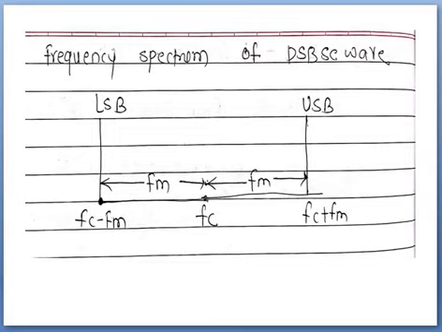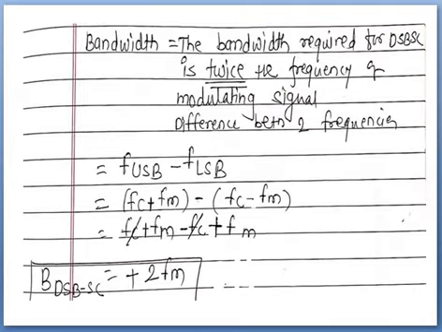USB represents FC plus FM frequency and LSB represents FC minus FM frequency. Bandwidth required for DSB SC is twice the frequency of the modulating signal. That is the difference between two frequencies, which is shown here, f of USB minus f of LSB, which gives us bandwidth of DSB SC equal to 2FM.